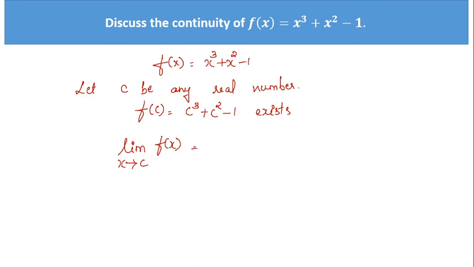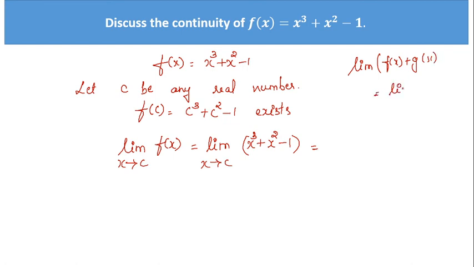So the limit of x cube plus x square minus 1 as x tends to c. Since we have addition in the function, we have to split the limit. If we have the limit of f of x plus g of x, we find the individual limits and then add them up. So the limit of f of x plus the limit of g of x. The same thing we have to apply here.